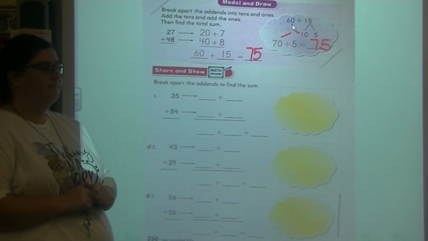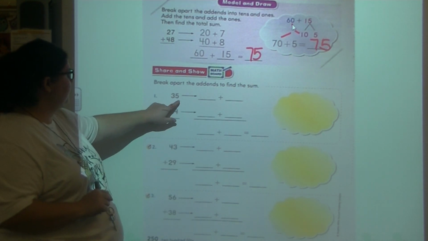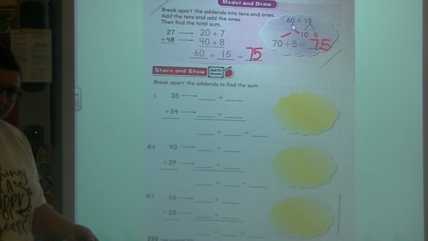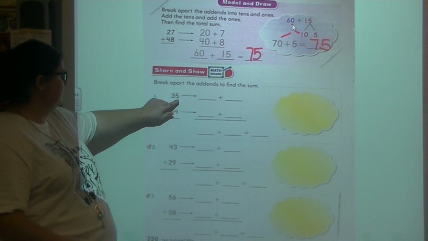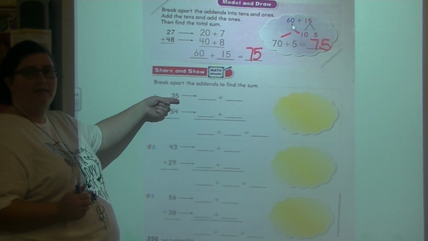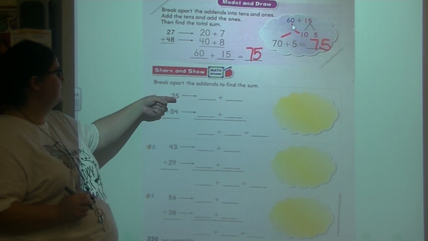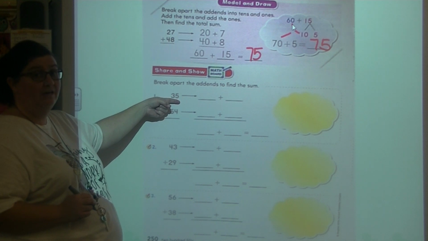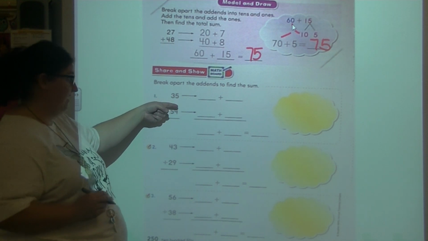Number 1, 35 plus 54. Let's break these apart into tens and ones. 35. What would be my tens and ones? 30 plus 5.